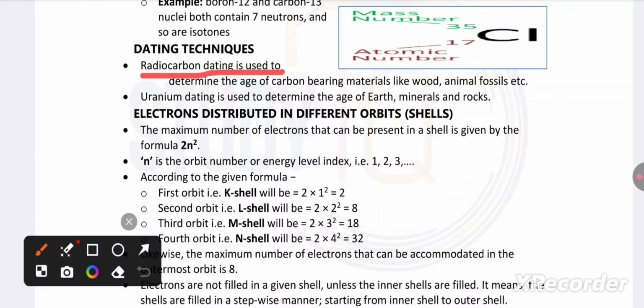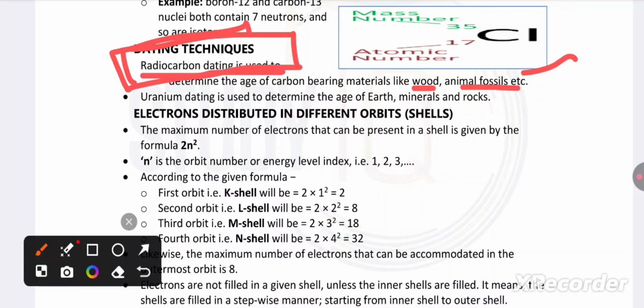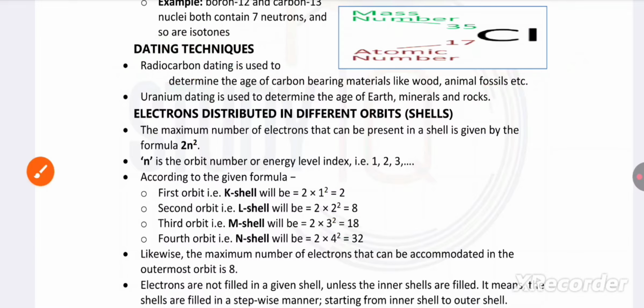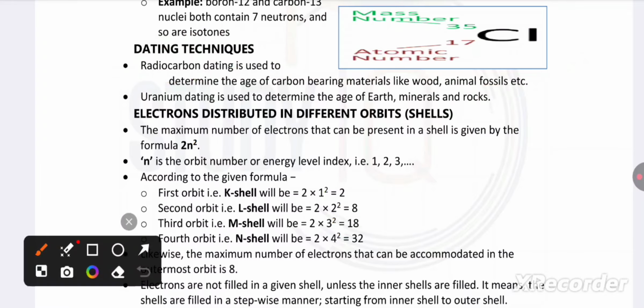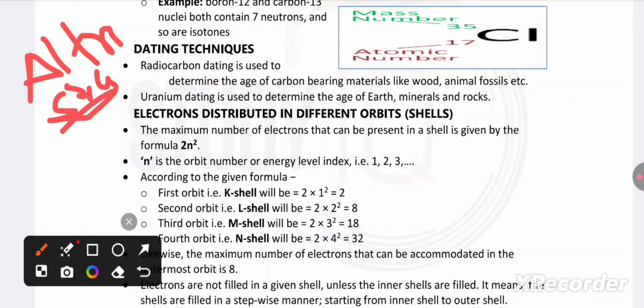Dating techniques. Radiocarbon dating is used to determine the age of carbon-bearing materials like wood, animal fossils, etc. We are using the radio dating method for age. For example, there is a trick for this.